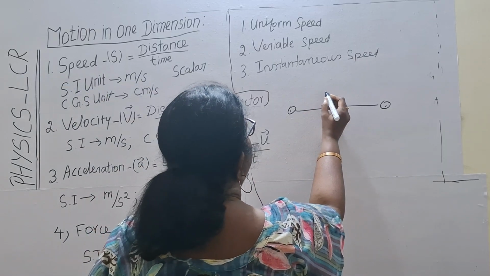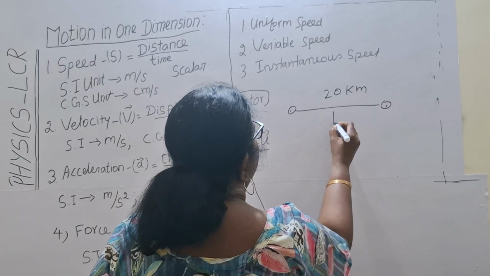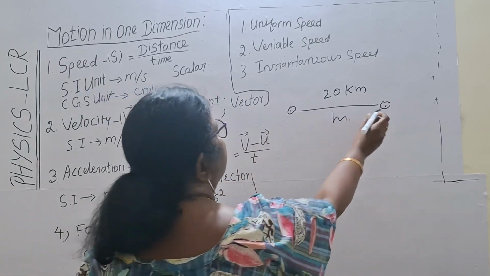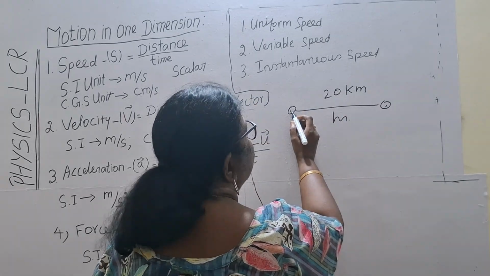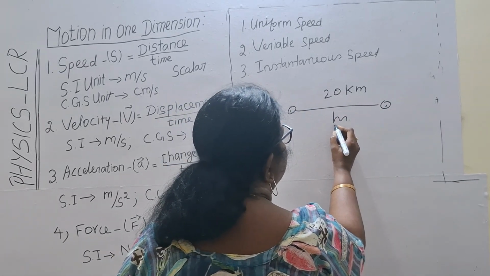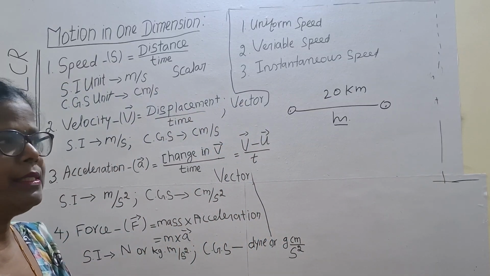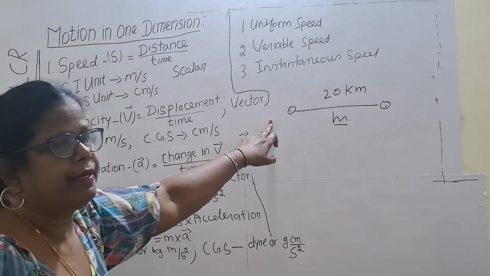It is 20 kilometer per hour. This body covers 20 kilometer from one place to another in 1 hour. That is known as speed. So distance by time, that is speed.